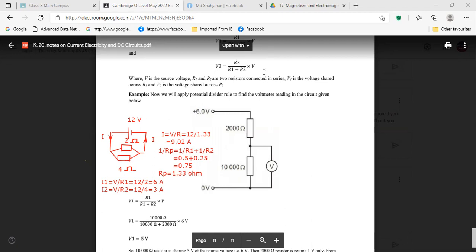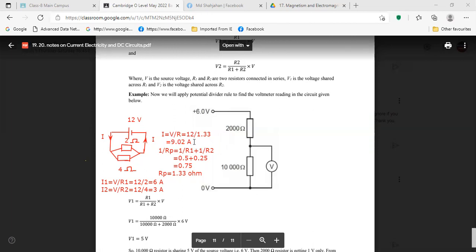Look here, we have 9.02 current on both sides, I and here I, before the branch and after the branch. Because this will be the current for the whole circuit, coming from the formula I equals V by R. Your total resistance you got 1.33 and total voltage you got 12, so the current is 9.02.